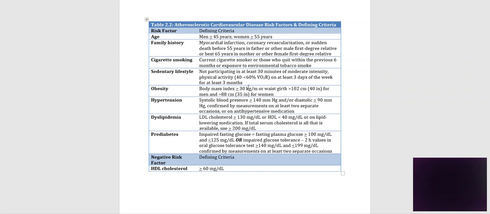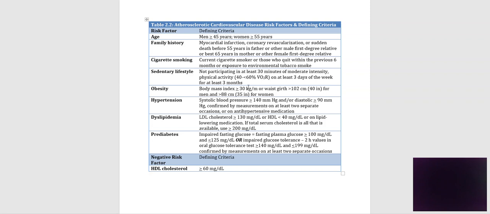Or one thing that you could use is their waist circumference. So this is the rule of thumb with determining obesity in terms of their waistline. If it is greater than 40 inches waist circumference in men, then that is considered obesity. Or if they are greater than 35 inches in women, then they are considered obese, and that would be a risk factor.